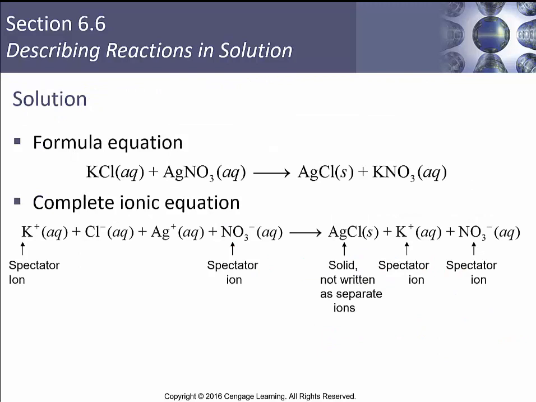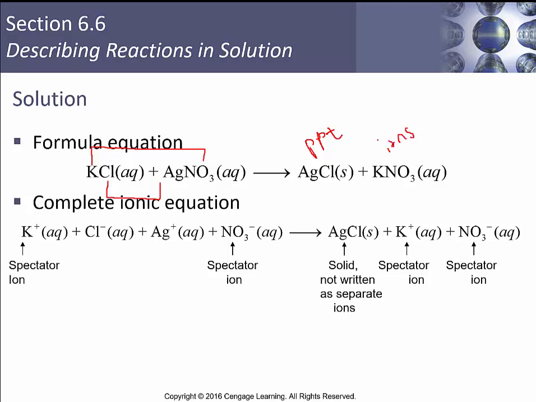So our formula equation is KCl aqueous plus AgNO3 aqueous, and gives us AgCl solid and KNO3 aqueous. Right? And so you notice they're doing that partner swap. K and NO3 get together, and our Ag and our Cl get together. This guy's going to form a precipitate. These guys are going to remain as ions in solution.